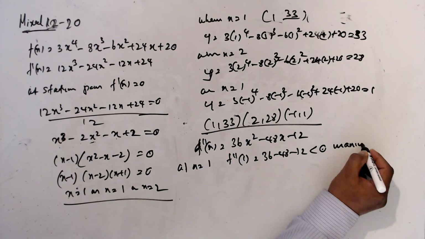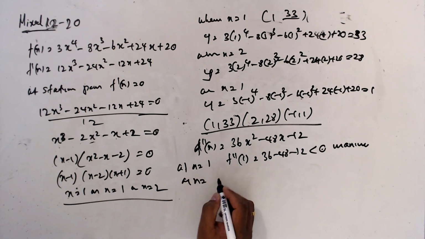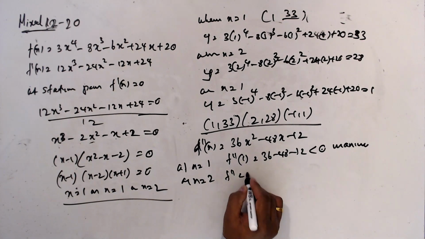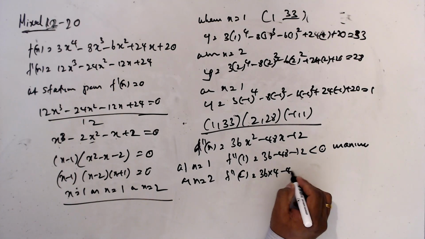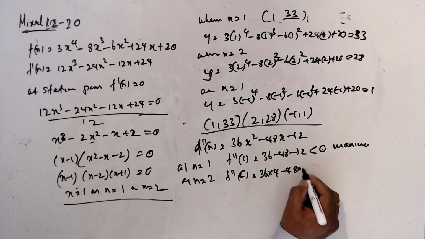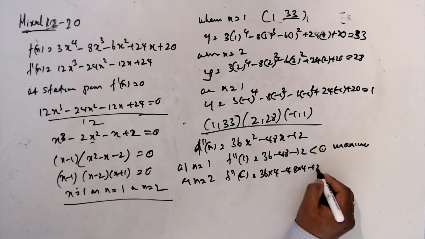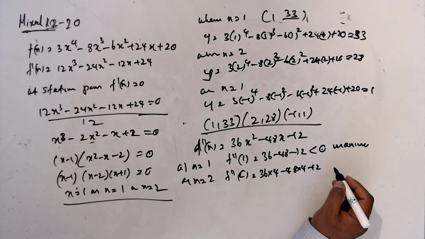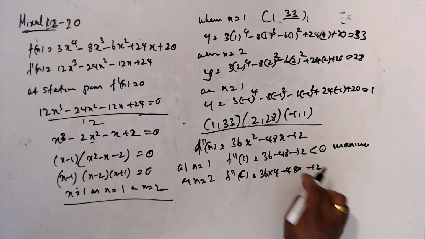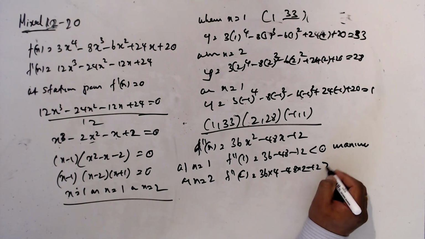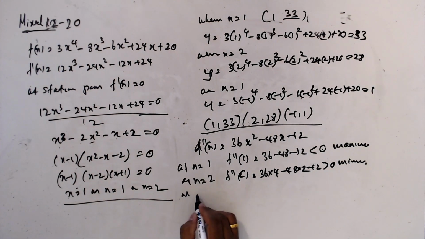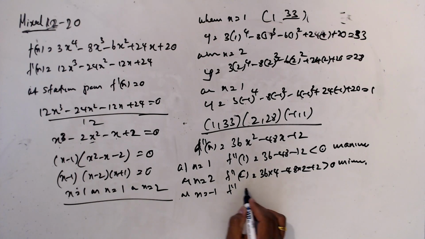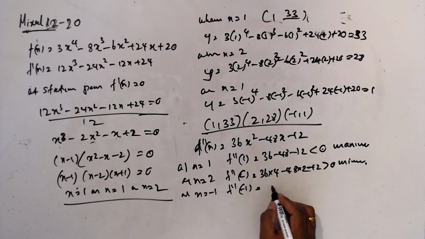Maximum. At x equals 2, f double dash 2 equals 36 times 4 minus 48 times 2 minus 12, so hence this is greater than 0. This is the minimum.